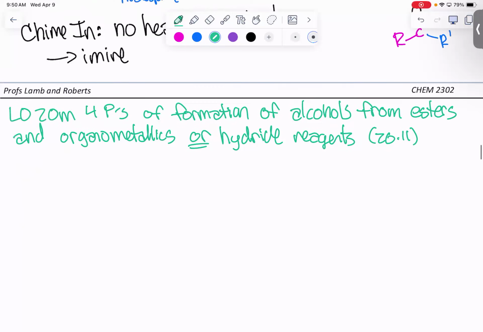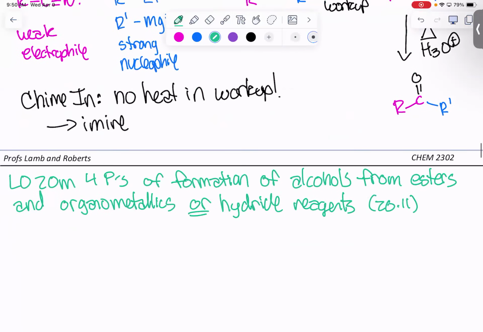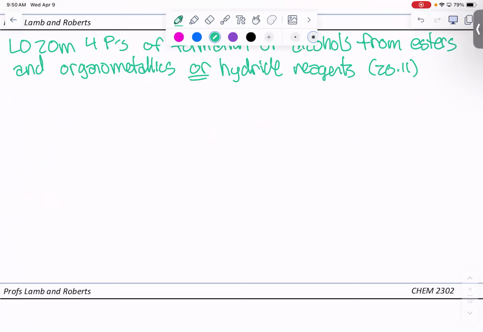All right, so what we saw here before is we saw a pretty weak electrophile in our nitrile. We're going to see a pretty weak electrophile with our ester as well. So we can start out with an ester as our starting material, and this is our electrophile in the reaction. We're going to have excess organolithium or organo-Grignard reagent, or sorry, organomagnesium reagent.